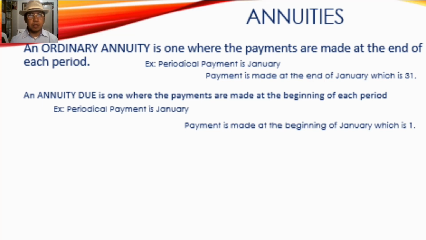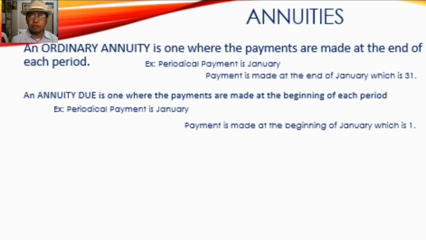They are opposite. So again, if you are the borrower, what do you prefer? Is it the ordinary annuity or the annuity due? Of course, if I will be the borrower, I will always select the payment at the end of the month. Why?